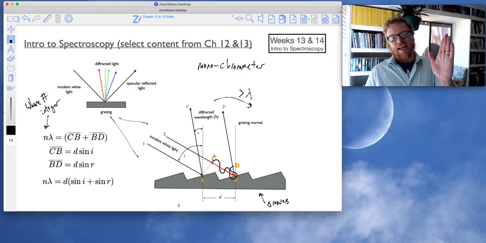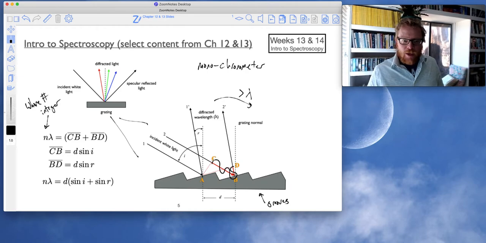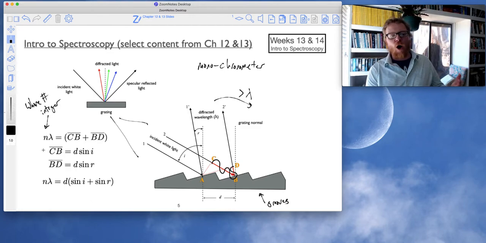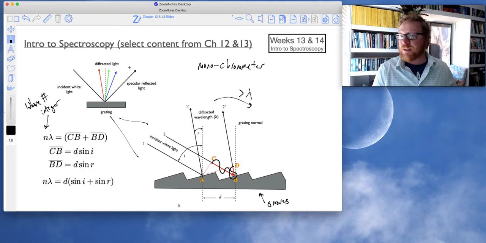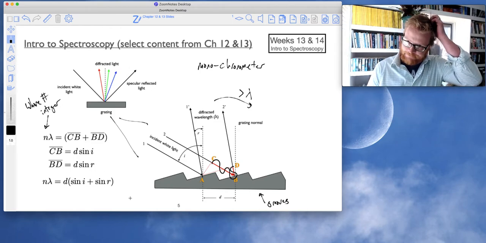You would kind of expect as that angle of reflectance is increasing, you've got a longer path for a longer wavelength, but it's all about the integers. It's all about the integer wavelengths, okay? And so what ends up happening for a given constant angle of incidence, okay? So we don't have to change that constant angle of incidence. We will automatically get several different wavelengths that satisfy this equation, okay?